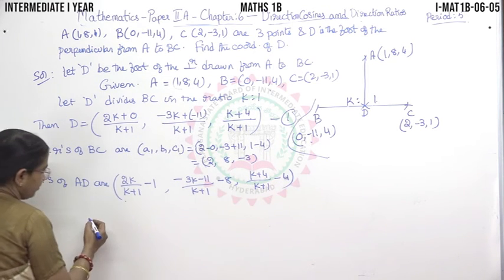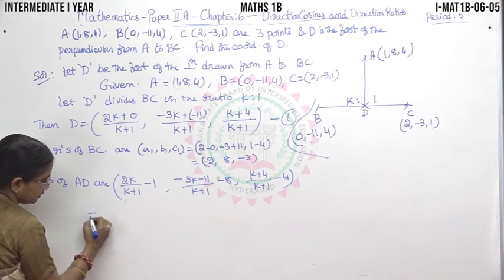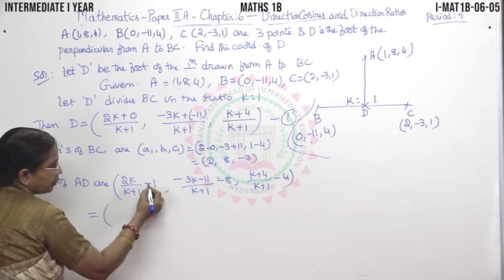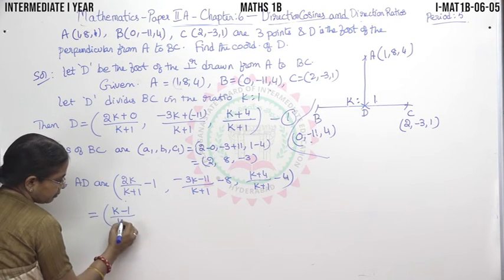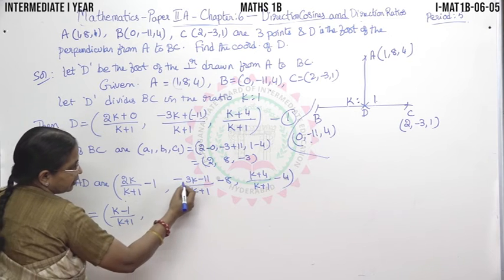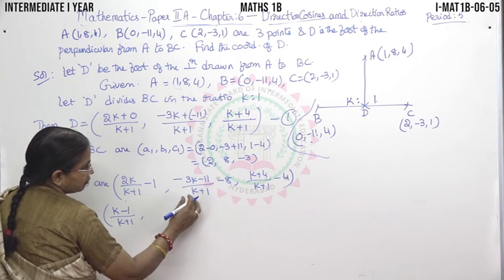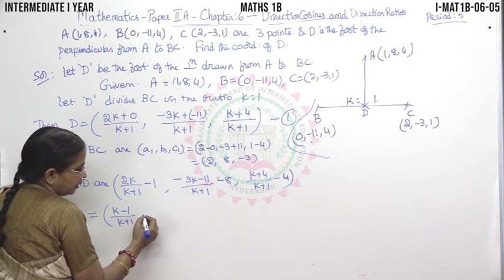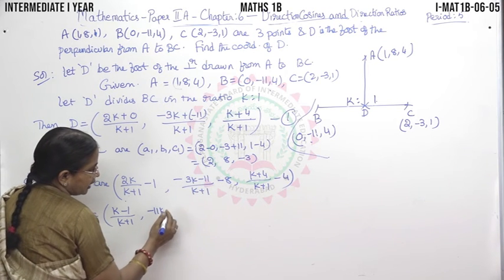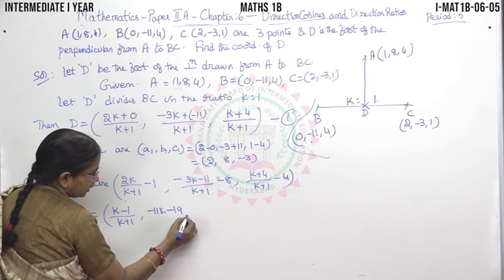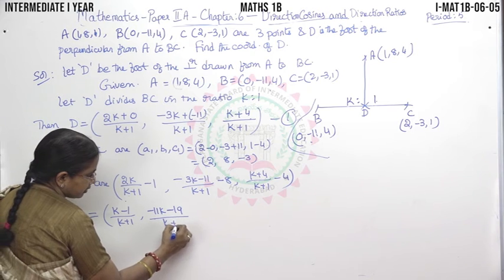So now we'll simplify. This is equal to 2k minus k, that is (k minus 1)/(k plus 1), and then minus 3k minus 8k minus 11, that is minus 11k, and minus 11 minus 8, so (minus 11k minus 19)/(k plus 1).